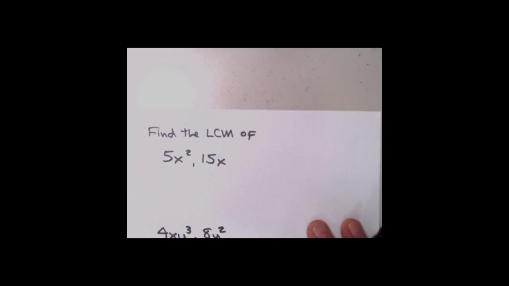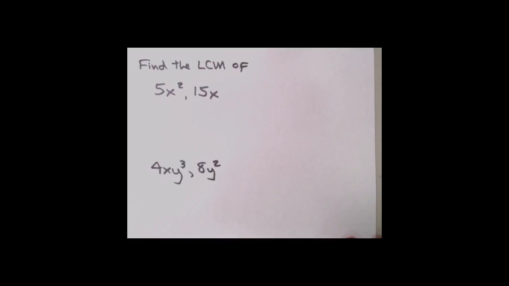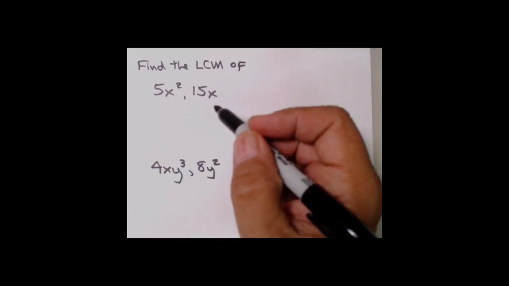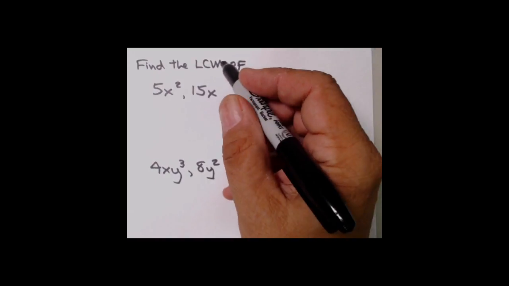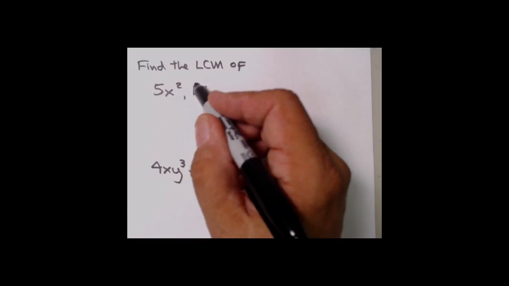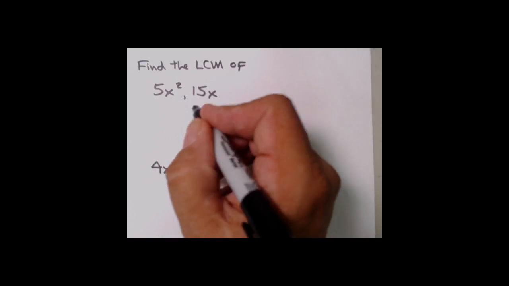Well, now when we've got some things that have some variables and also more numbers and stuff. Here we go. We're going to use the prime factor method on these. And so we want to find the LCM of 5x squared and 15x.